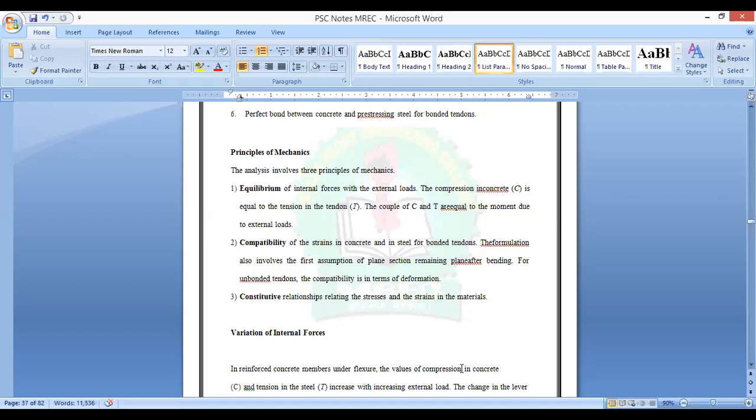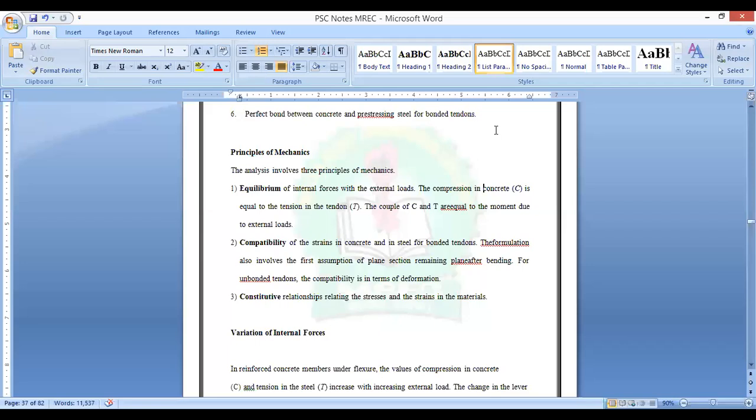If you take a rectangular beam, where will the compression forces occur? On top of the beam, where the member is simply supported. Where will the tensile stresses develop? Below the neutral axis. In a simply supported beam, above the neutral axis is under compression and below the neutral axis is tension. When both compression and tension are equal, the distribution of forces is equal, then only can you say the member is under equilibrium.